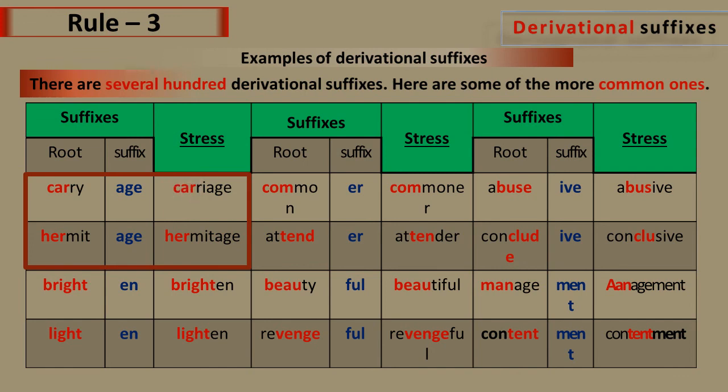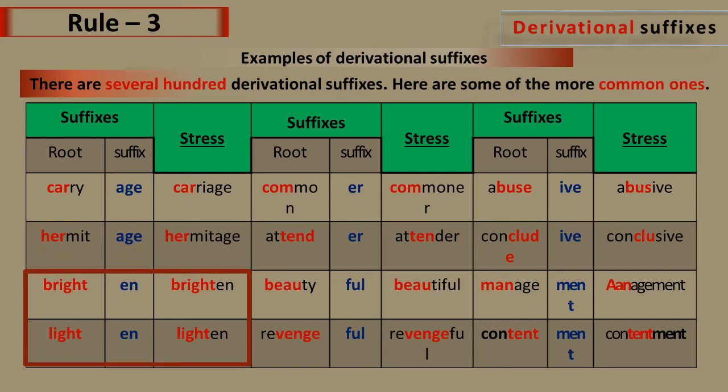Okay, let us try to understand another example. "Bright" is a root word, which is monosyllabic, and here is its suffix. Where is the stress? In this syllable; as it is monosyllabic, the stress is on the same syllable. And even in the suffixed word, where is the stress? On the same syllable, that is "bright." Here "bright" is an adjective, and this "brighten" is a verb.